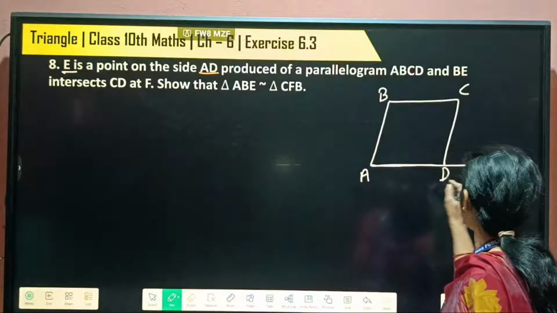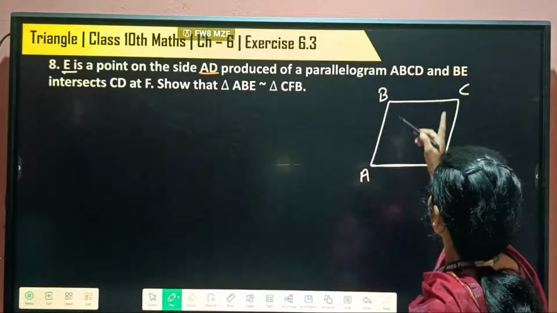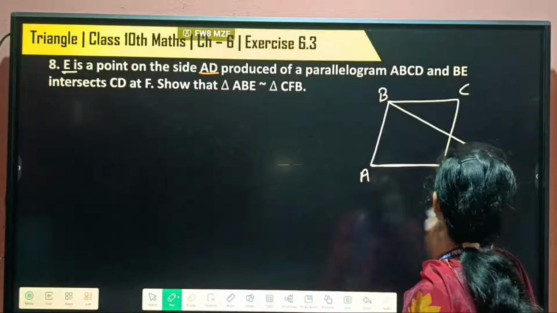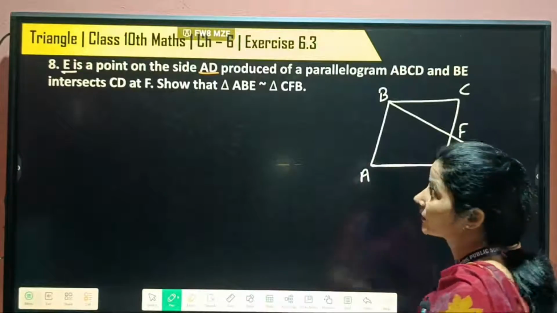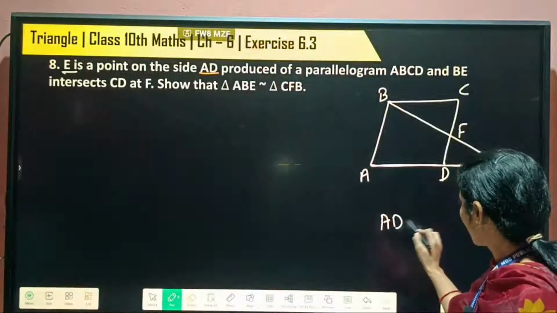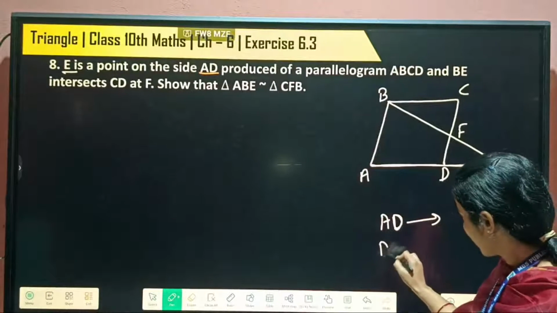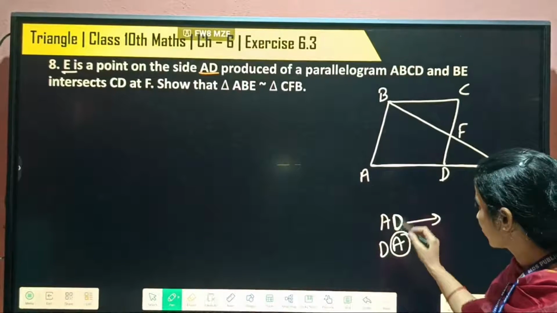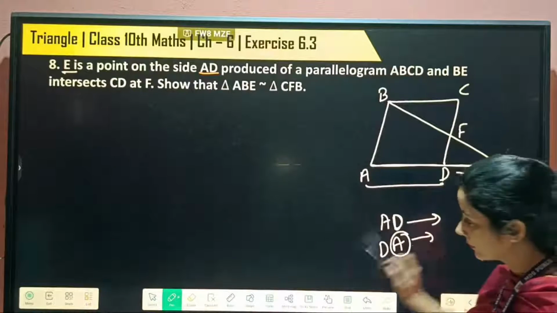This AD is produced to point E of a parallelogram ABCD, and BE, join B to E, intersects CD at point F. They are intersecting each other at point F. This AD is produced, means you are going to produce this side from D side. And if you write DA is produced, then you are going to produce from point A. So this AD is produced, it means you will produce from D to E.